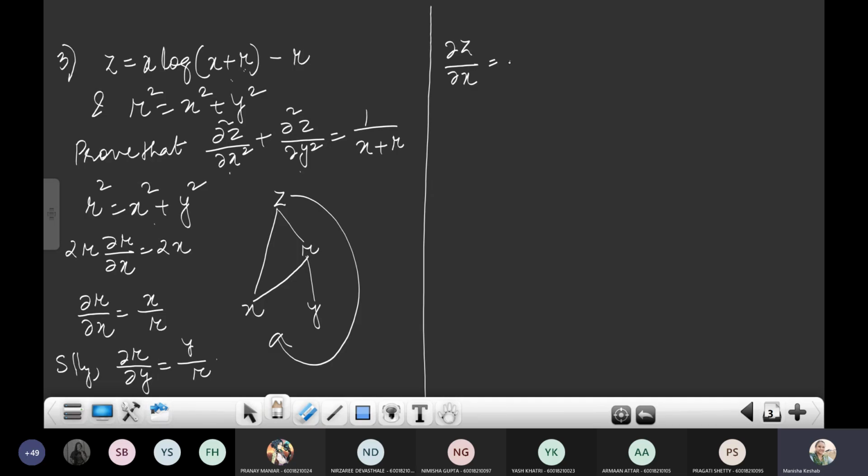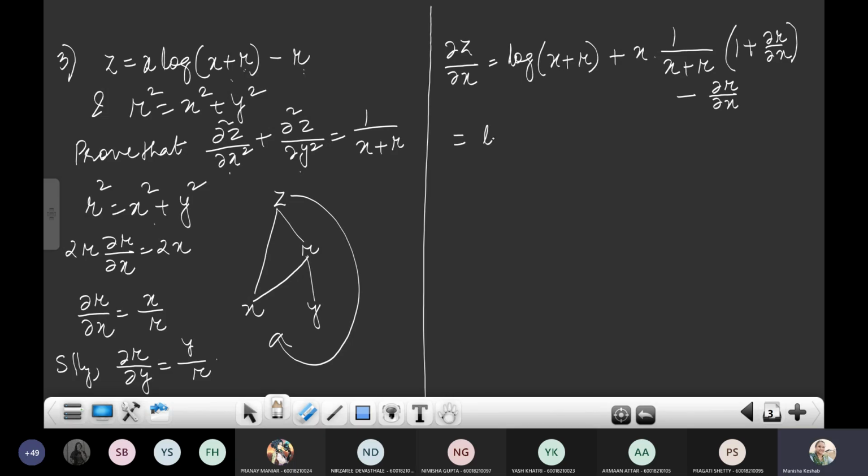If we apply the UV rule, we will get log of x plus r plus x into the differentiation of log of x plus r, that is 1 upon x plus r. Then we differentiate x plus r with respect to x: x with respect to x is 1, and then we get del r del x. Then we have minus r, for which we also get del r del x.